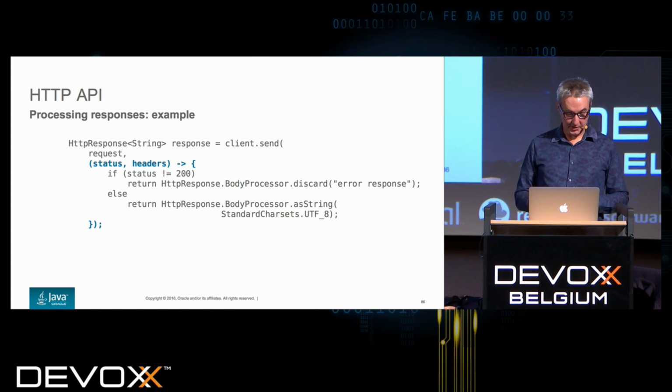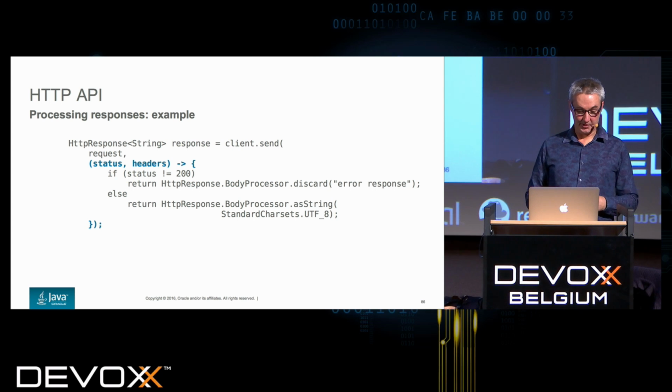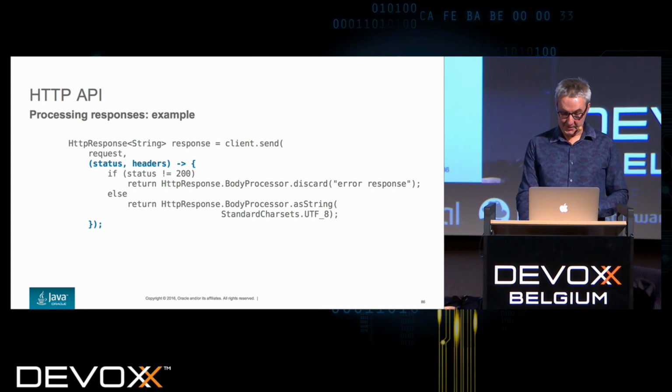If status was 200, then we're going to return a normal as-string body processor where we treat it as a UTF-8 string. So that's an example of where that behavior can be customized.